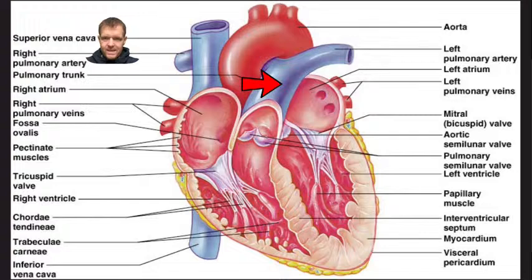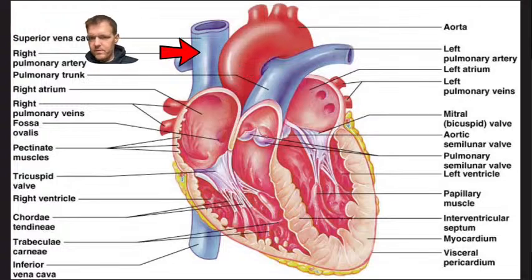Remember, arteries away, veins come in. So this one has deoxygenated blood coming in through the vein, so the vena cava, and then out through the pulmonary arteries just there. So right atrium through the tricuspid valve into the right ventricle, and then that gets pumped up into here and then distributed to either lung.